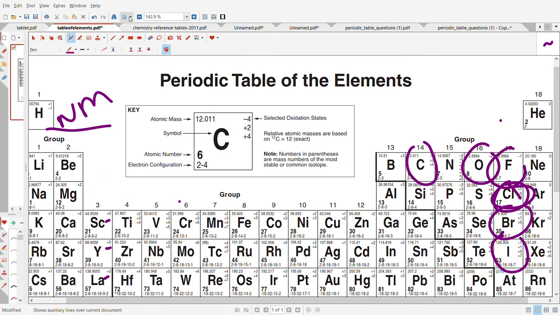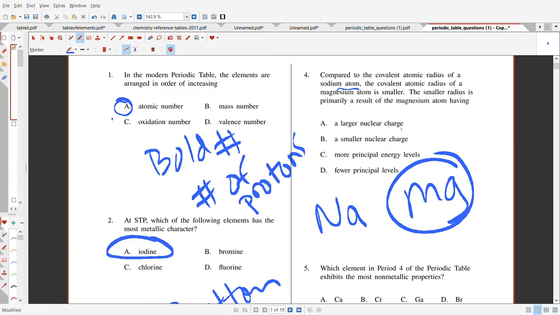So you see how sodium and Mg are in the same period. They both fill the same energy level here. They're both in the third energy level because they're in period 3. So that's not going to be the question.